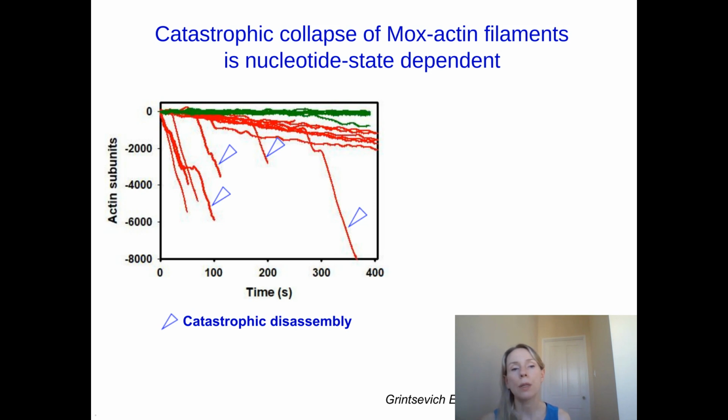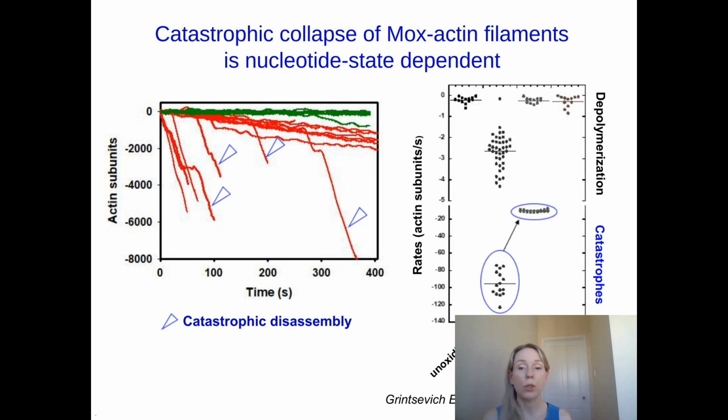And you can see that with oxidized actin, we observe those extremely fast disassembly events, which we call catastrophic disassembly. Now I can quantify how fast these processes are. And you can see that this catastrophic disassembly takes place at a rate of about 85 subunits per second, which is extremely fast.